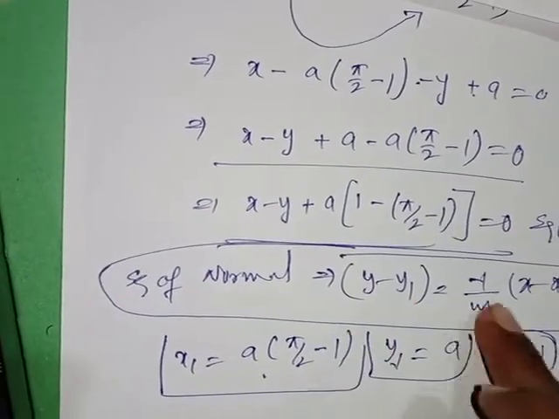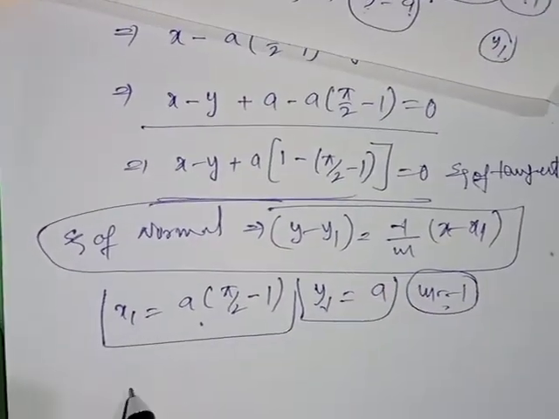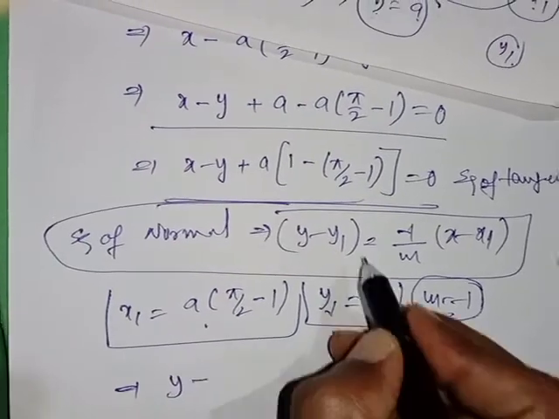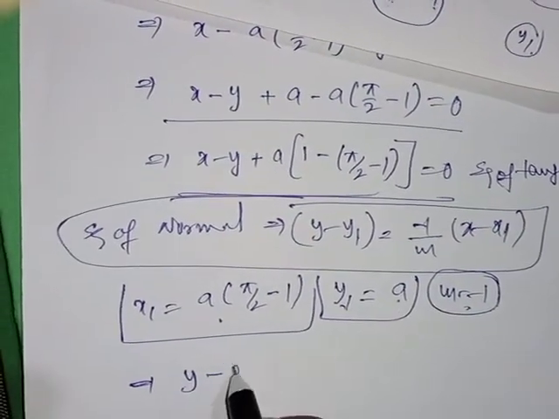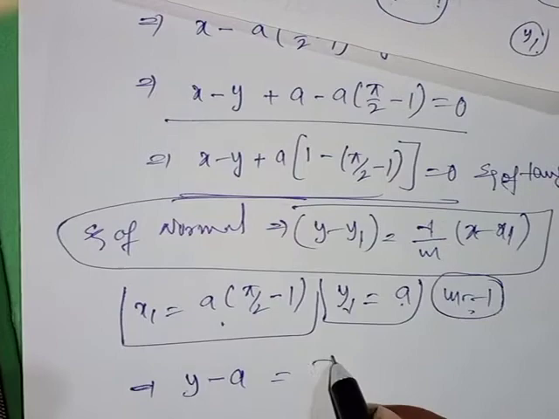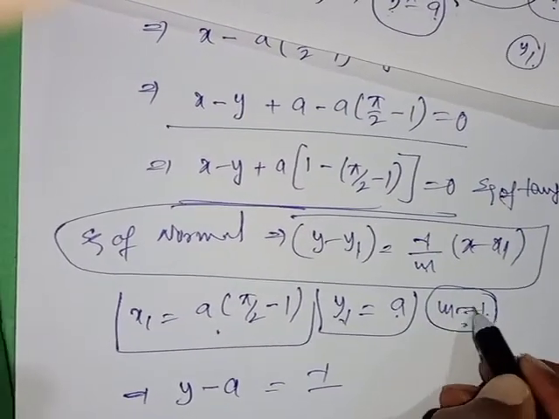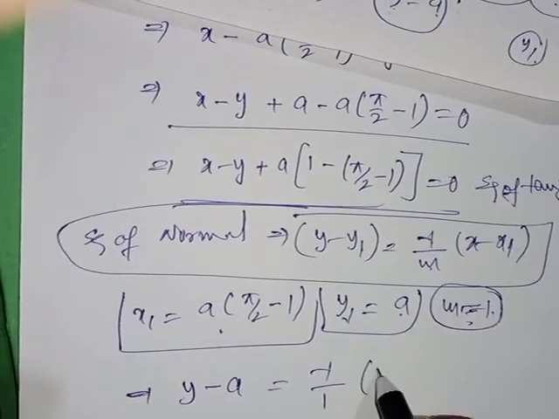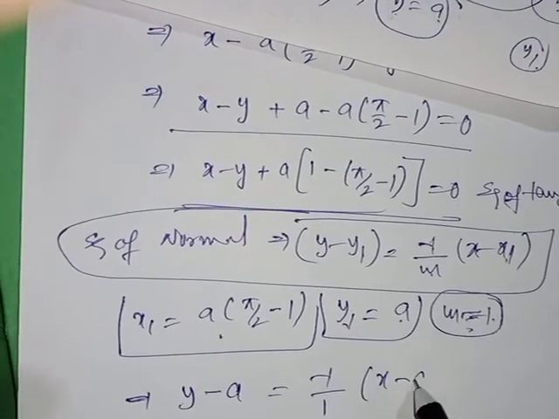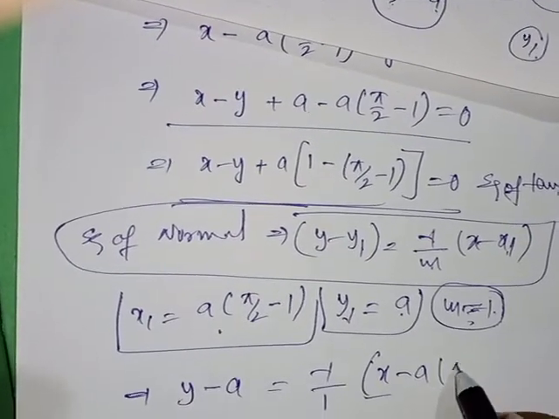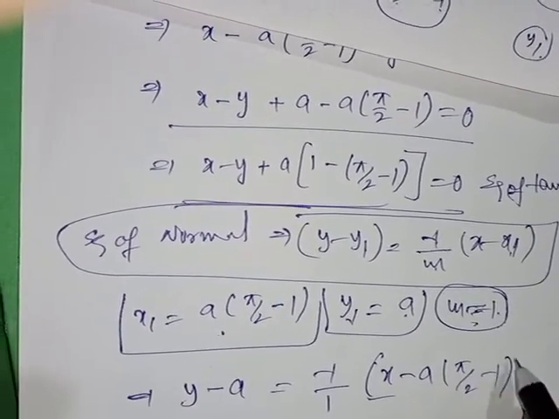Substitute these three values in the equation of the normal: y minus y1, whose value is a, is equal to minus 1 upon m, whose value is 1, into x minus x1, whose value is a into pi by 2 minus 1.